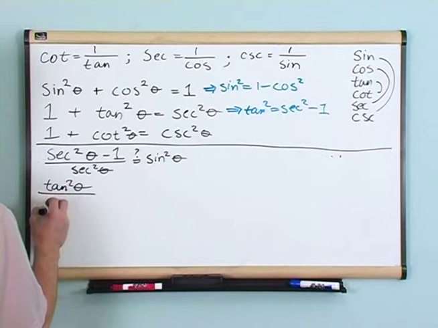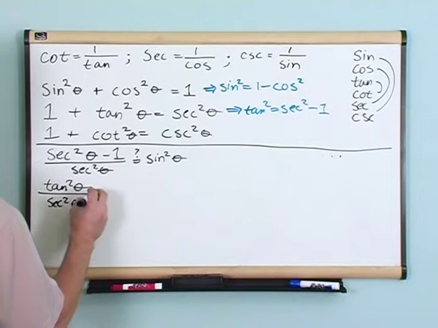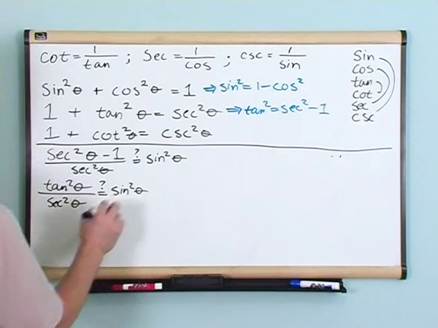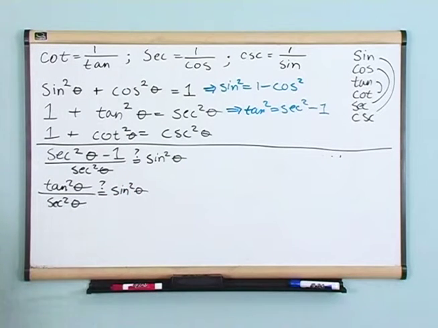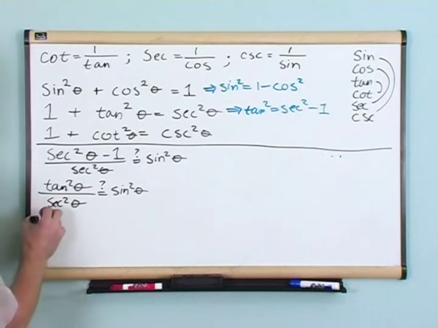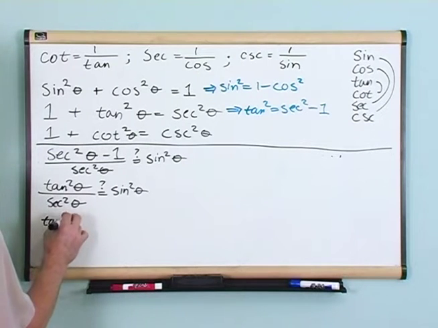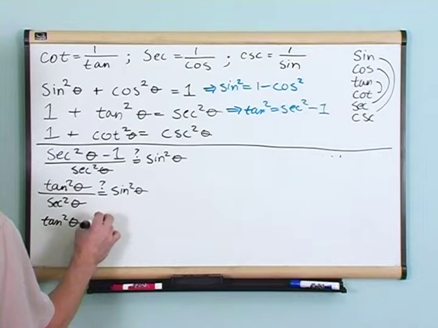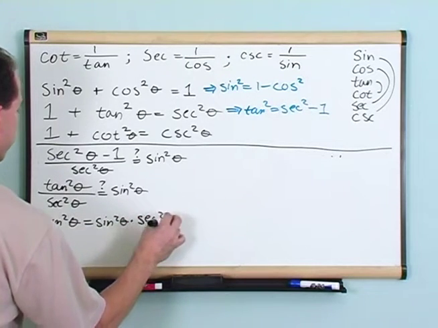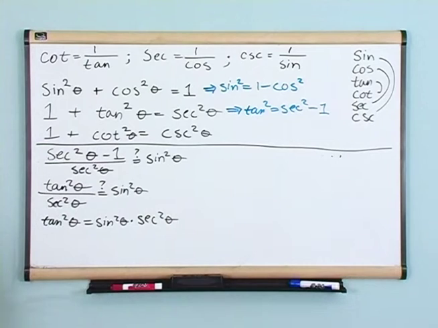On the bottom we have a secant squared, and on the right-hand side of the equal sign we have a sine squared theta. Okay, the next thing to really do is go ahead and move this secant squared over here, so I can say tangent squared theta is equal to sine squared theta times secant squared theta. All I did was multiply both sides by secant squared.